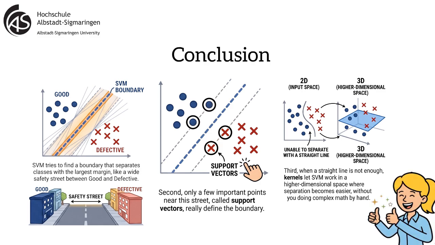For Mia in the smart factory, this means she can build a model that is not just good enough, but also confident and robust as her data changes over time. And you can start to see SVM as a tool that draws the best possible separating boundary with a safety margin using just a few key points and some smart math in the background.